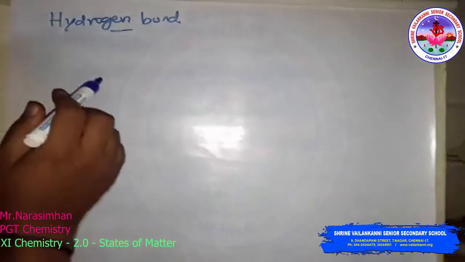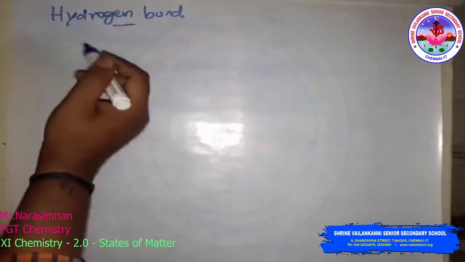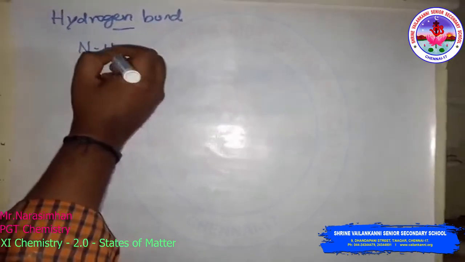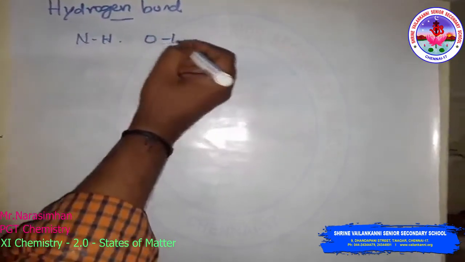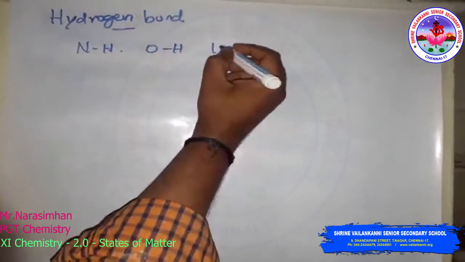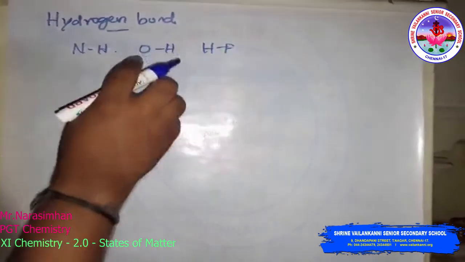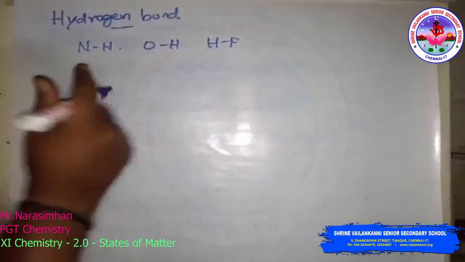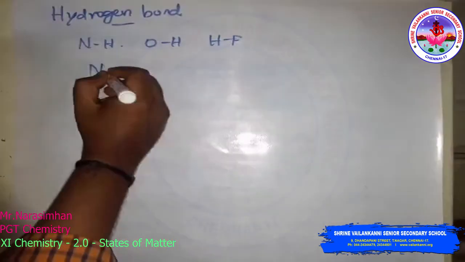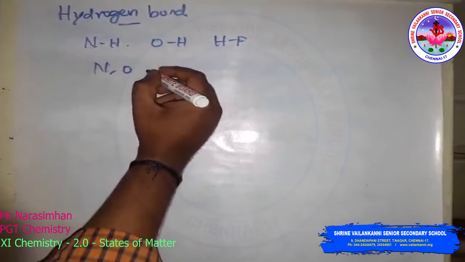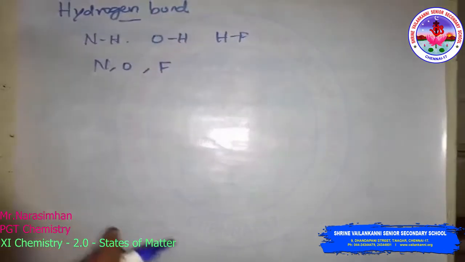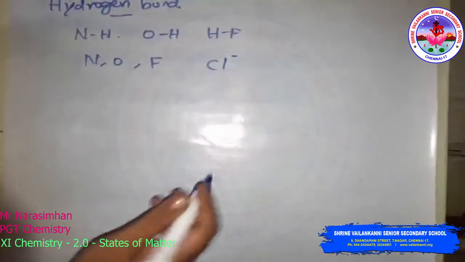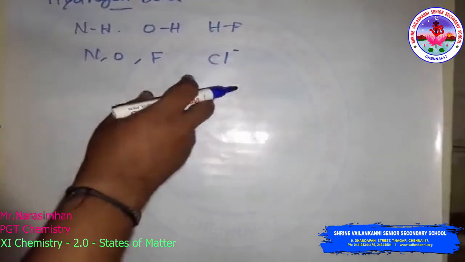Here, hydrogen bonding occurs in molecules in which highly polar N-H, O-H or H-F bonds are present. Hydrogen bonding is regarded as being limited to nitrogen, oxygen and fluorine, but species such as the chloride ion, Cl-, may also participate in hydrogen bonding.